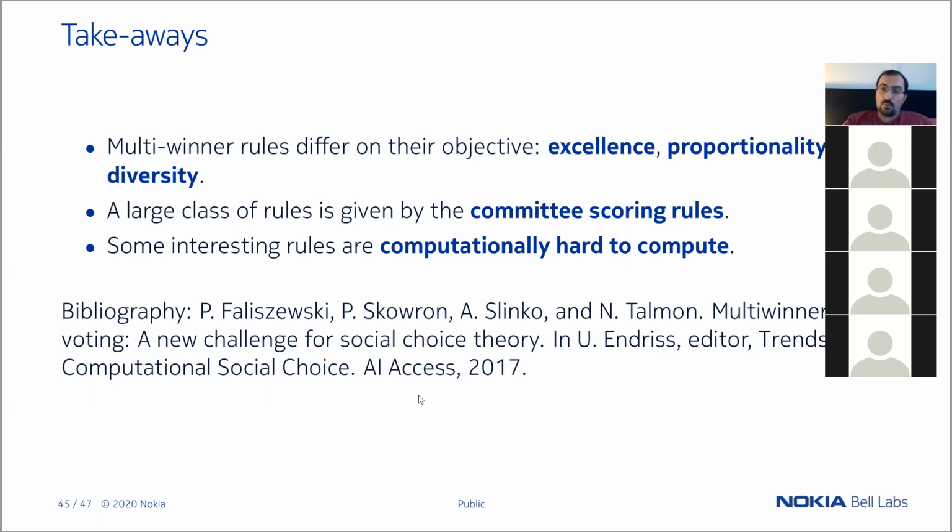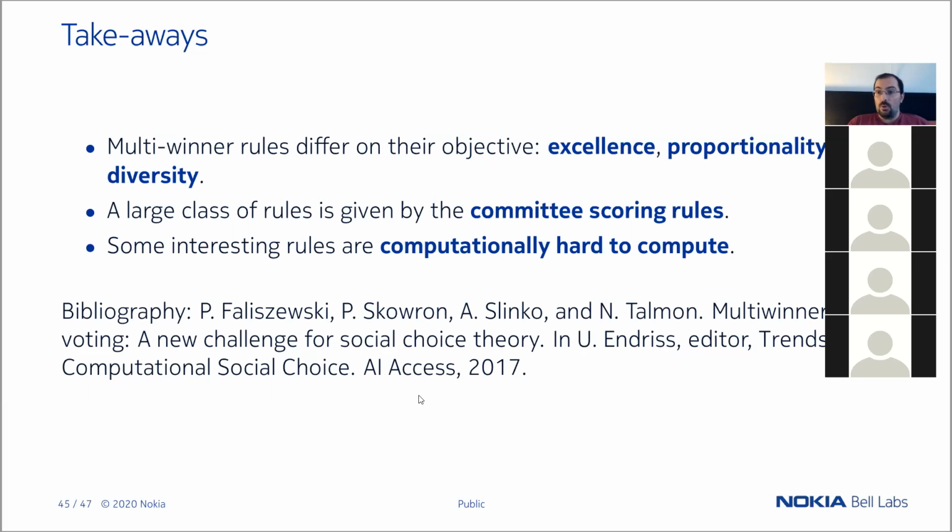Maybe I would like you also to remember that there is this large class of rules given by the committee scoring rules, where you take a way to assign a score to a candidate, then a way to assign the score to a set of candidates based on the score that you give to each candidate, and so on. And also maybe another point to take back home: some interesting rules are unfortunately computationally hard to compute.